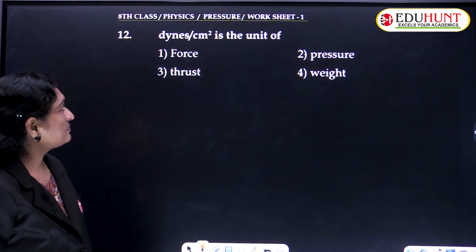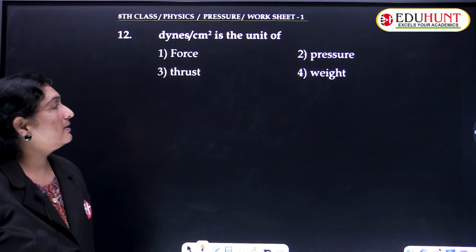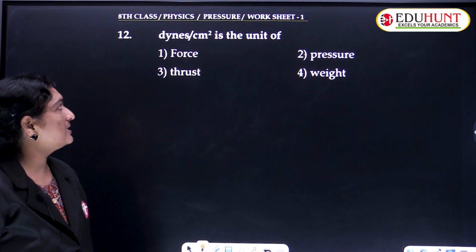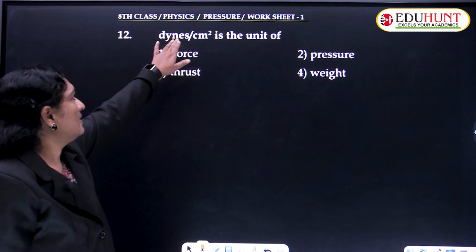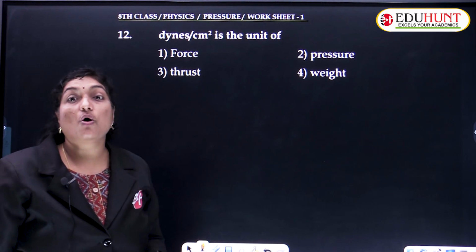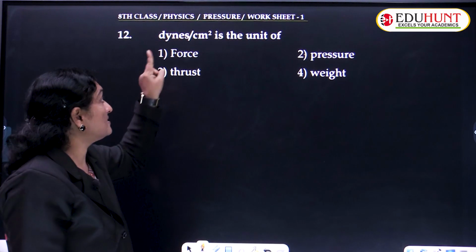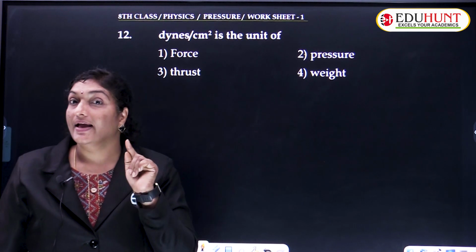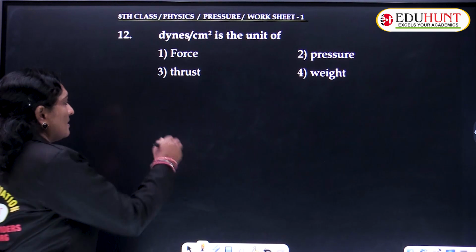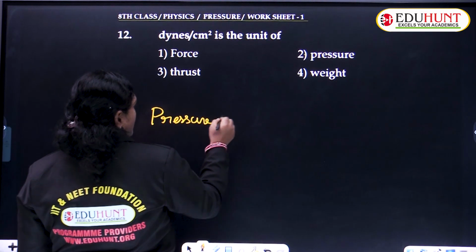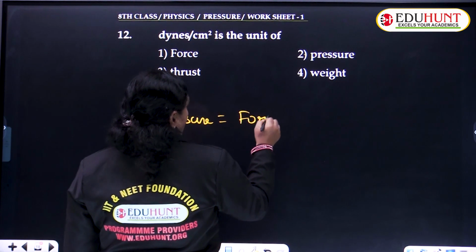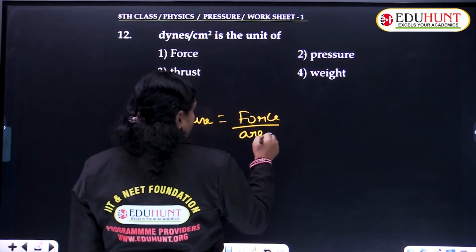So now the 12th question. Dynes per centimeter square is the unit of. Dyne is the unit of force in the CGS system. Centimeter square is the unit of area in the CGS system. Pressure is defined as force upon area.